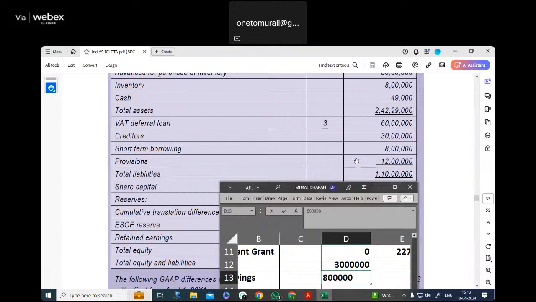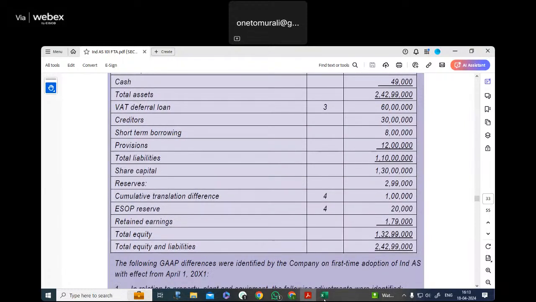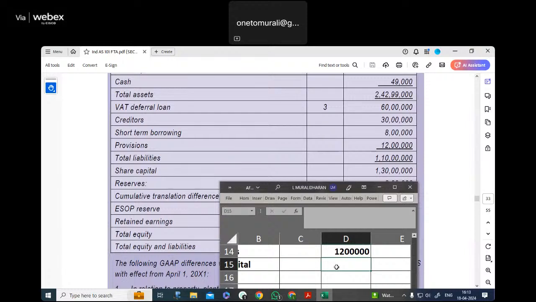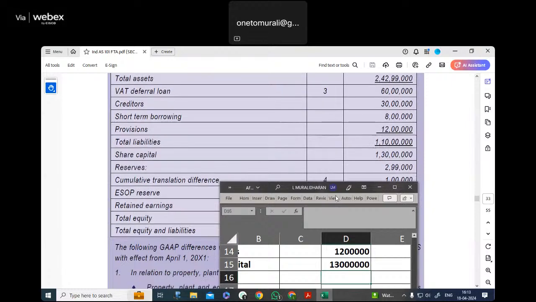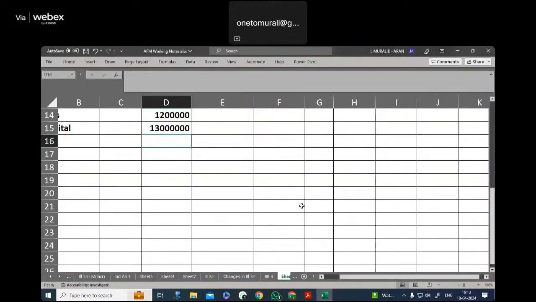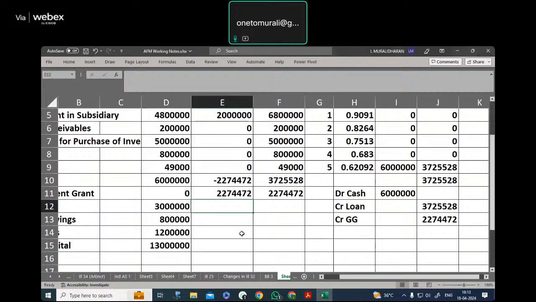Lakhs. Lakhs. Share capital. So up to this stage, we have booked.